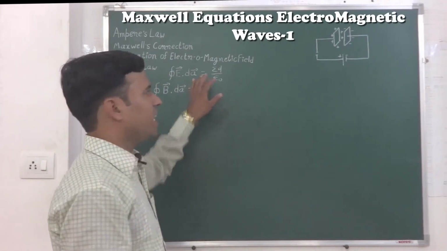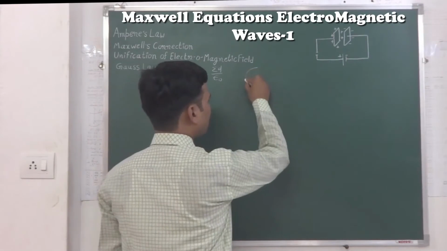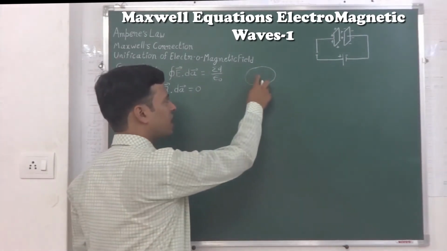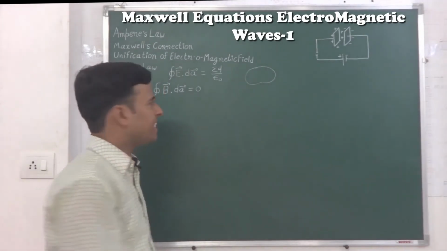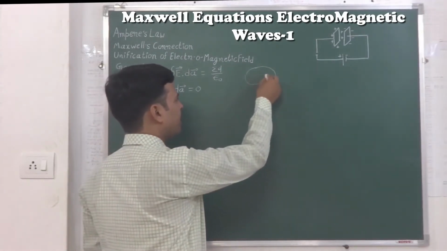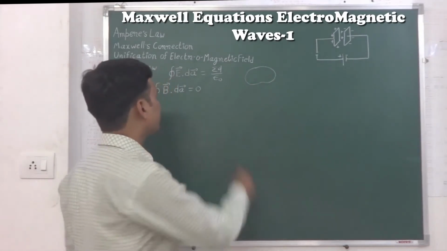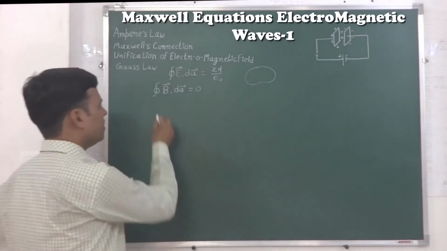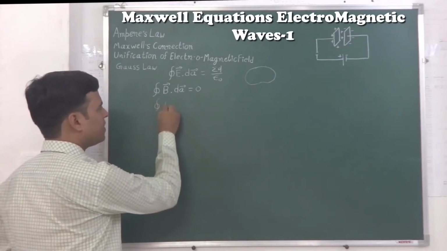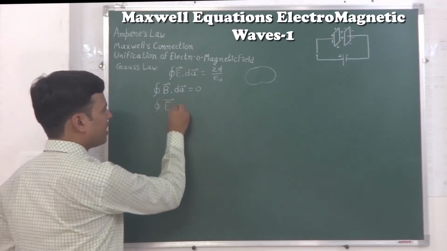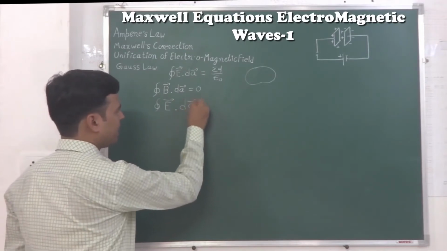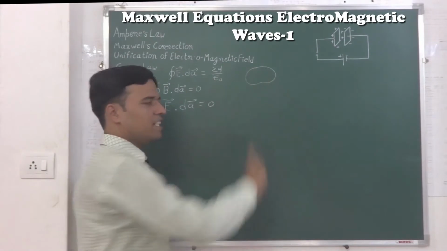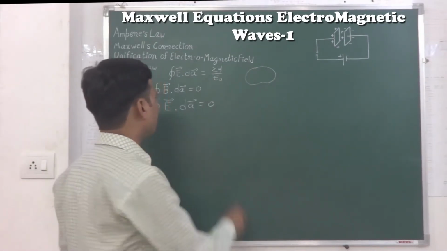Dear students, if there is a closed surface in which there is no charge or magnetic pole enclosed, in that condition, the first Gauss law, which is for the electric field, will now be converted into closed integral of E vector dot dA vector equal to 0, because the total charge enclosed in this surface is 0.